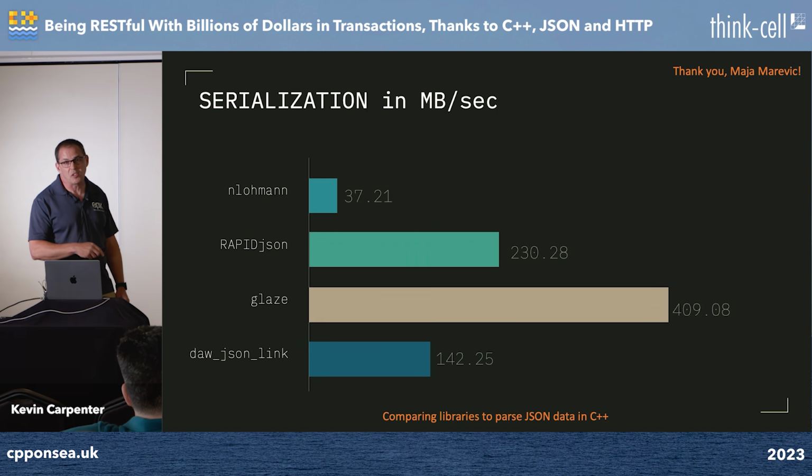Rapid is still faster. But in her talk, she found that Glaze is even faster than Rapid. So if you are looking for speed, Glaze is a library, I guess it's a little newer. It's one that I'll end up checking out. She said it's still not as easy as Niels Lohmann's library, but it is a new competitor to look at.